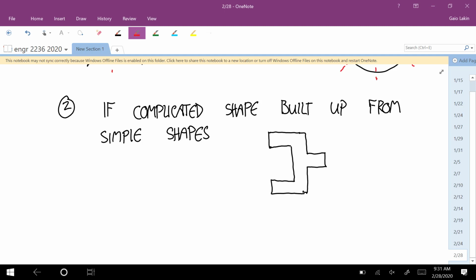But you can break this shape up into a rectangle here. There's a few ways you could break it up. And so now that complicated shape is made up of 4 rectangles.